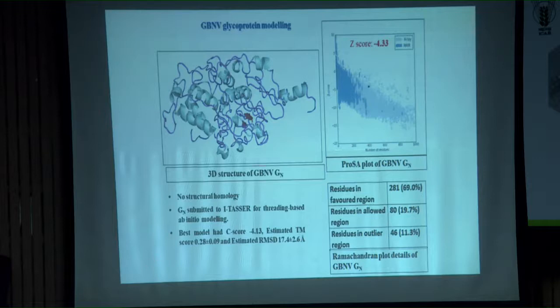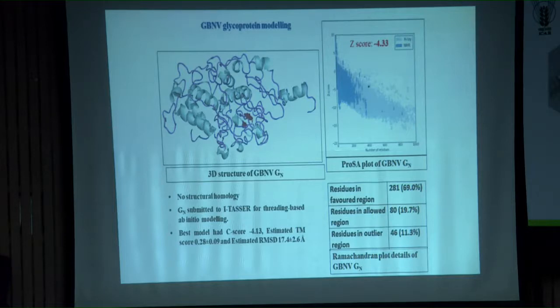In ab initio modeling, I was telling you, you have to judge which model to take, and whether there are several uncoiled portions. We cannot say this is a very good model, but as I was telling, there are several glycosylation sites and a transmembrane domain present in the glycoprotein, so it is very difficult to have a stable structure.